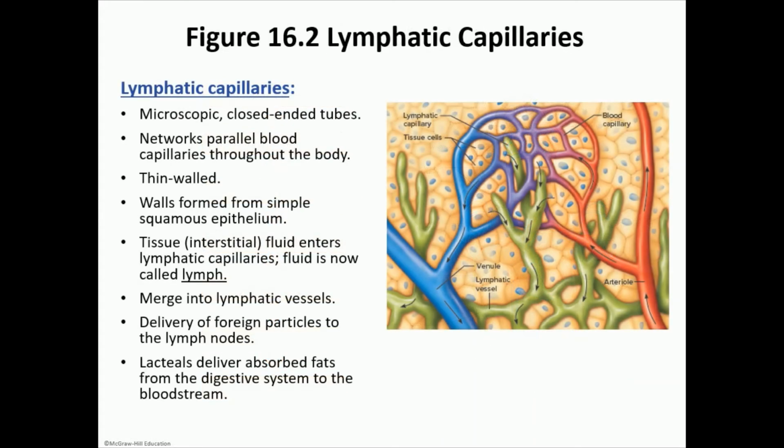We'll start off with the lymphatic capillaries, and as I said, these are closed-ended tubes, and you'll find them starting from within the interstitial tissue. And you can see here that fluid will diffuse from the interstitial tissue into the lymph.